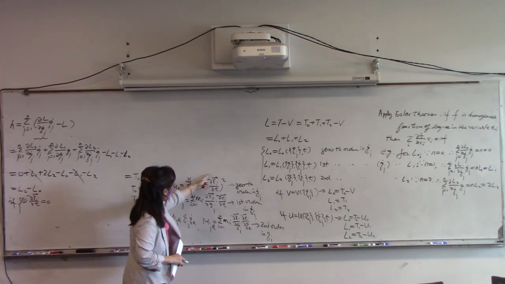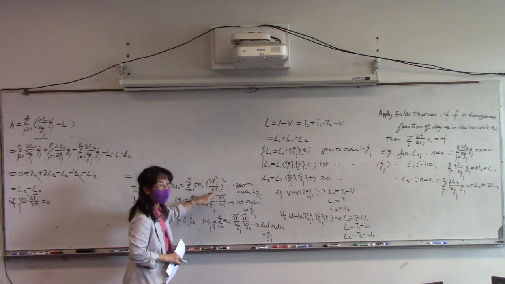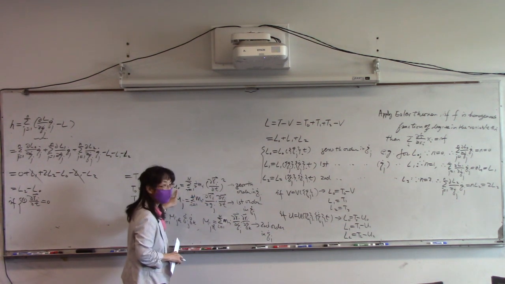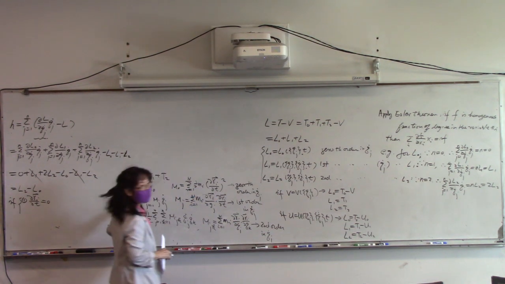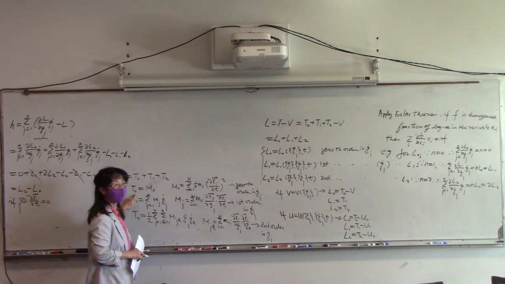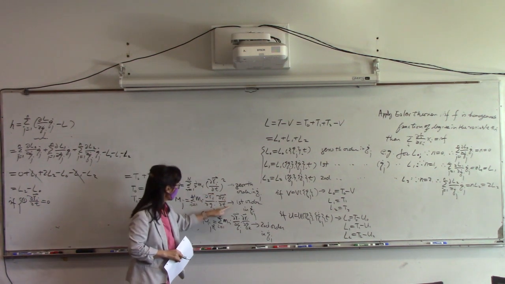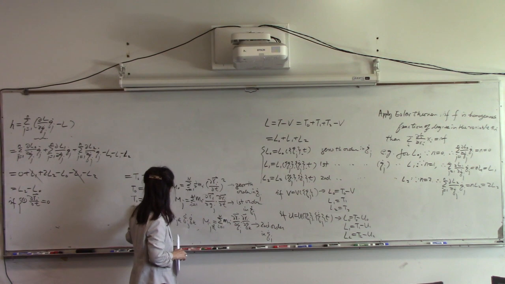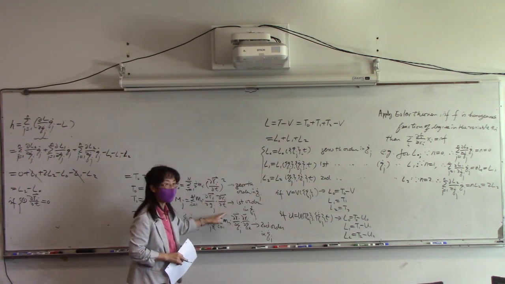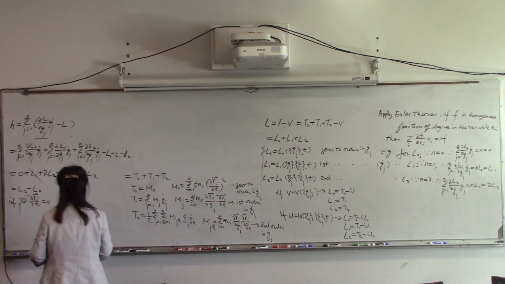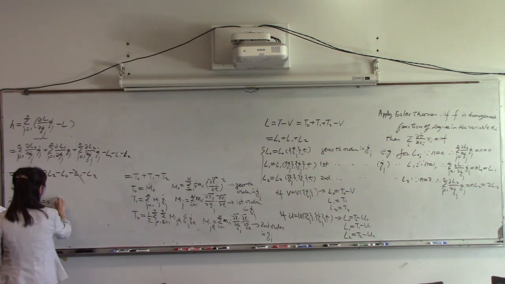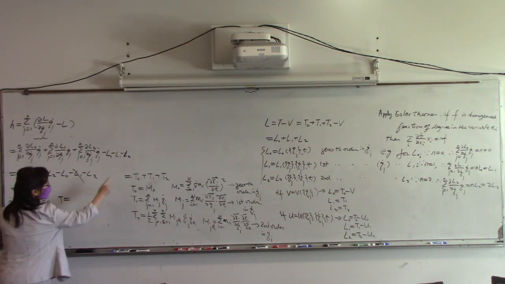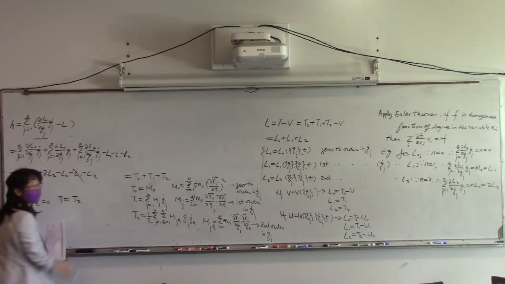This term equals 0, so this term disappeared. Second, the M1, this P1 term also disappeared, because it's 0.